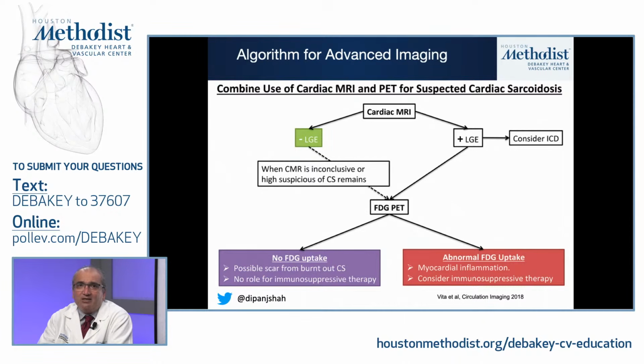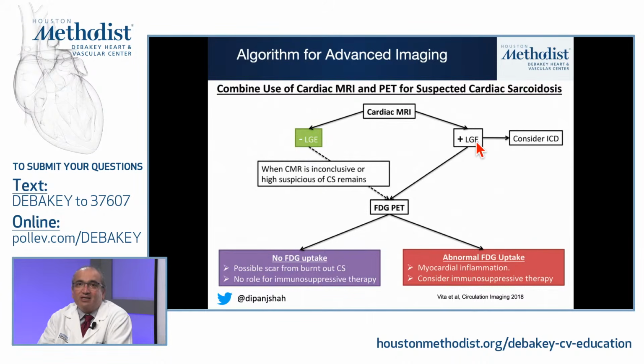And then this is an algorithm proposed by Ron Blankstein and his group, really suggesting a workup pathway for advanced imaging in patients that you have a suspicion of cardiac sarcoid could start with an MRI scan where you look for presence or absence of the characteristic LGE patterns that would be suggestive of probable or highly probable sarcoidosis.